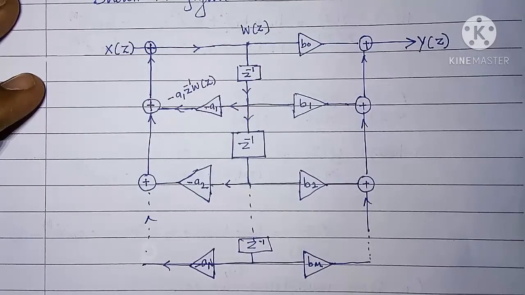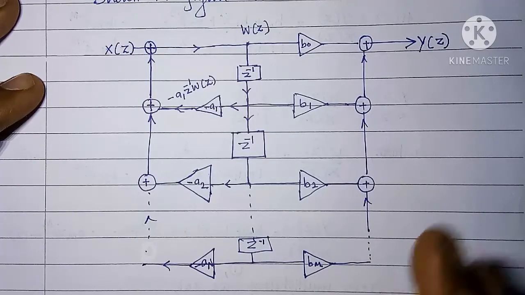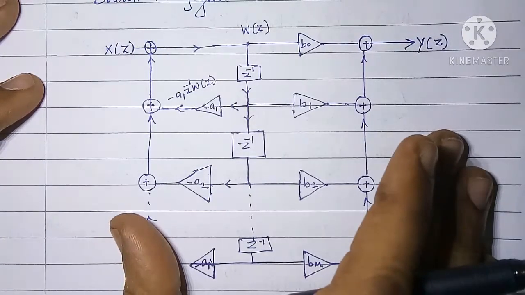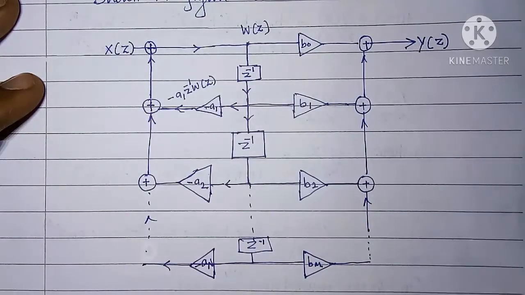We can get direct form 2 structure of IIR system by making use of direct form 1 structure.